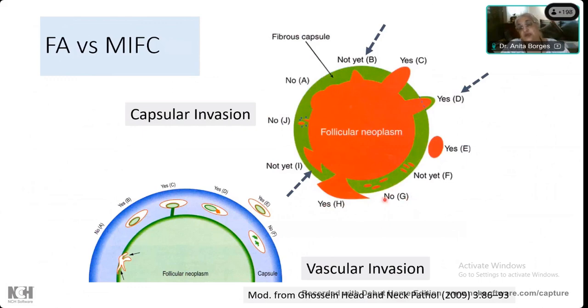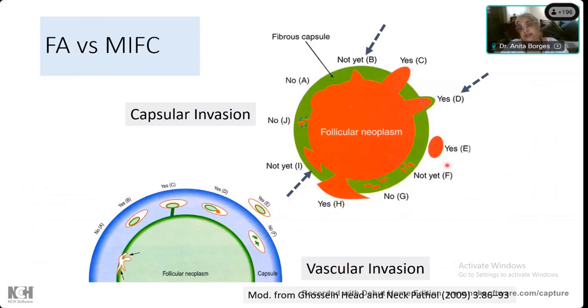Then he's shown G. And these are small foci of tumor within this thick capsule. Now, it's very difficult to know whether that is true capsular invasion or no capsular invasion. And according to Ronald Gossain, this should not be called capsular invasion, because these tumor nodules run parallel to the outline of both the capsule and the nodule.